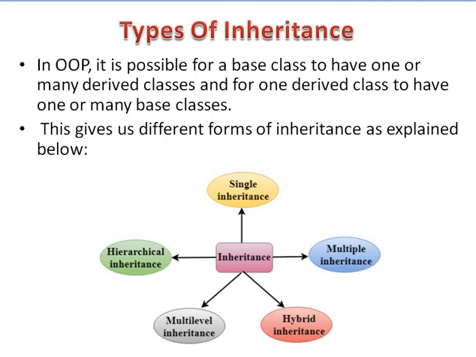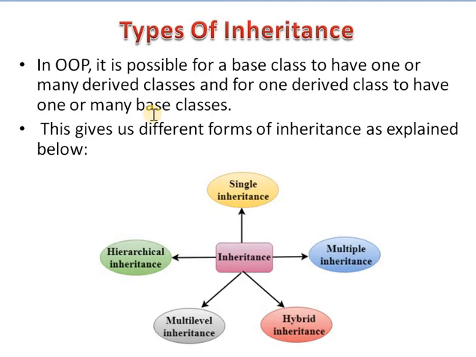Next we will see what the different types of inheritance are. There are different types of inheritance present in C++. In OOP, it is possible for a base class to have one or many derived classes, and for one derived class to have one or many base classes.